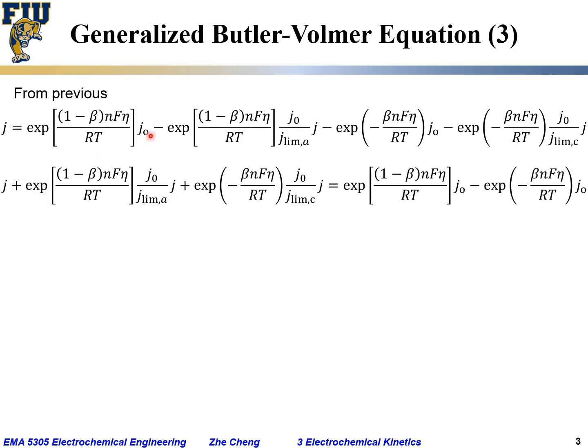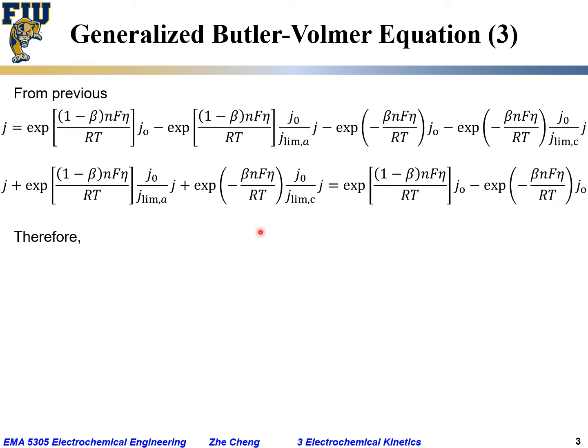J, we have the minus become positive for the anodic process. The minus become positive, and then for the cathodic process equals, okay, exponential term times J0 minus exponential term times J0.